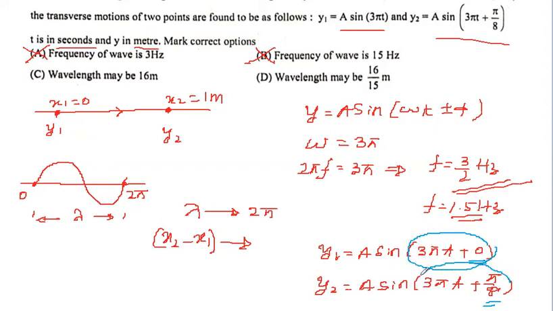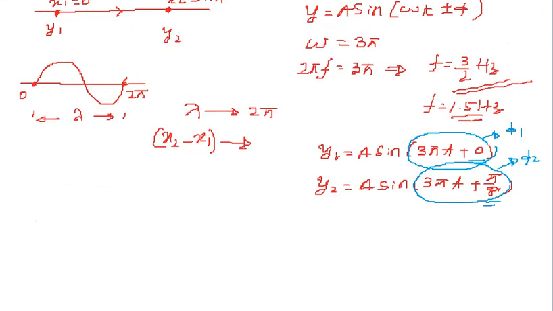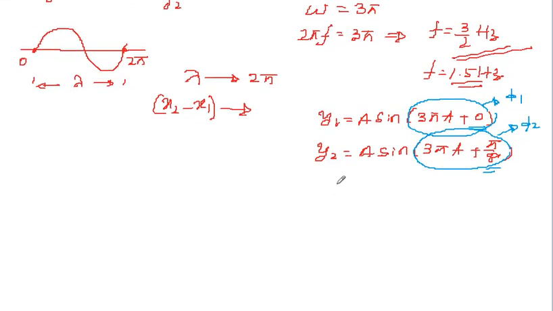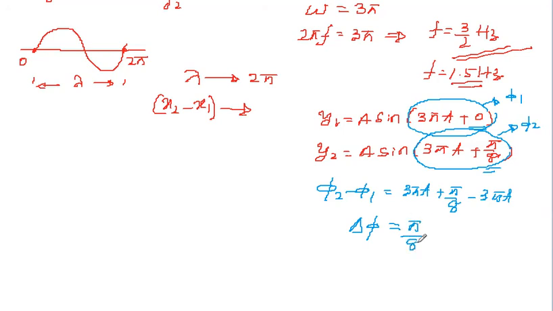Calling these phi 1 and phi 2, take the difference: phi 2 minus phi 1 is (3 pi t plus pi by 8) minus (3 pi t plus 0), which is the change in phase, delta phi, equal to pi by 8 radians.